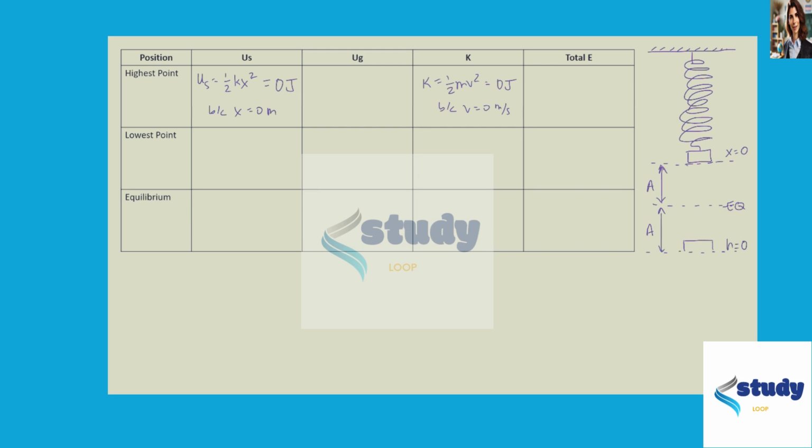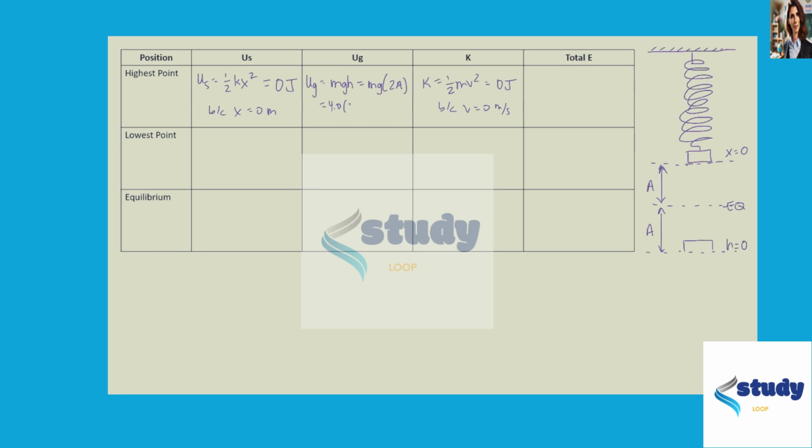This tells us that all of the energy stored in this system is going to be from the gravitational potential energy, which we can calculate with mgh. Like we discussed when making our diagram, that means we need mg times twice the amplitude.